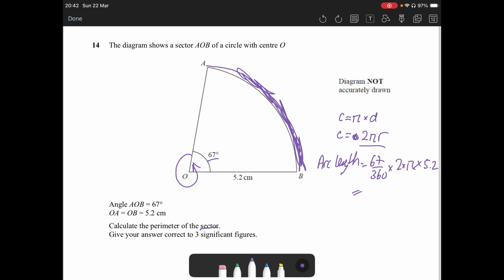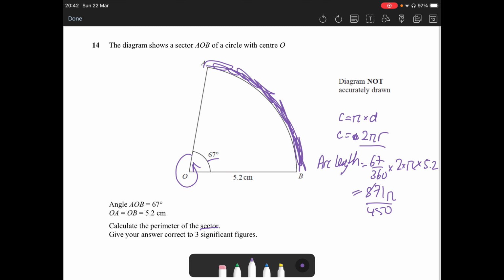That expression is going to give me this purple bit here, the curved part of the arc. So let's type away: 67 over 360 multiplied by 2 times pi times 5.2. It's giving me a nasty one, but it's 871 pi over 450.